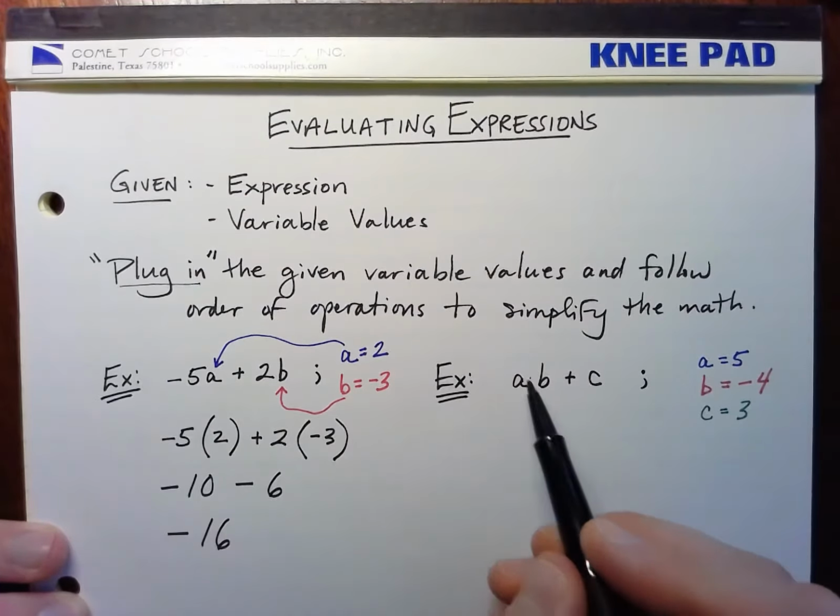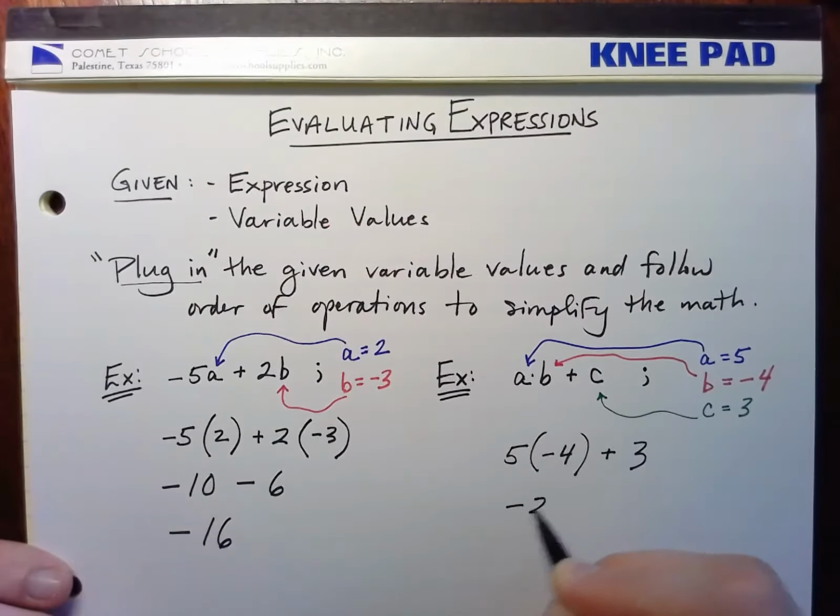So A is 5 times B plus C. That's a negative 20 plus 3, which is a negative 17.